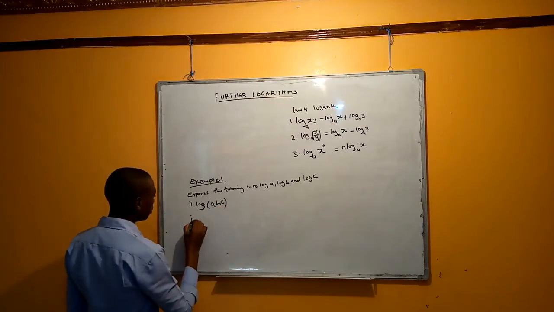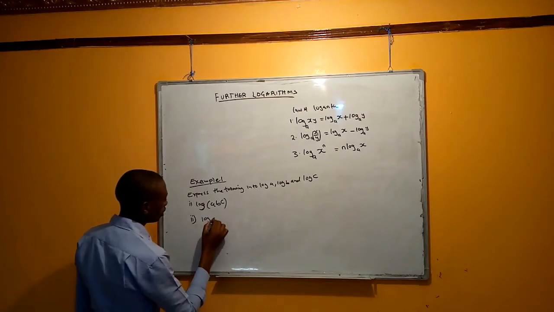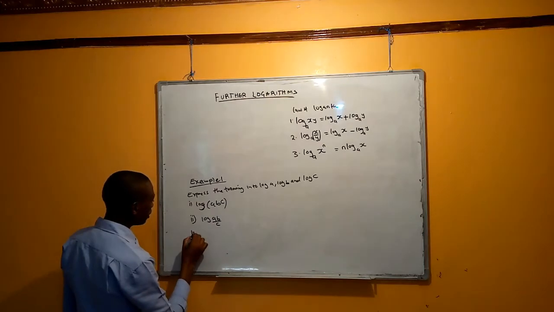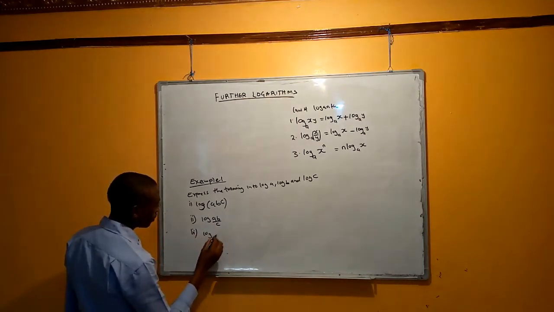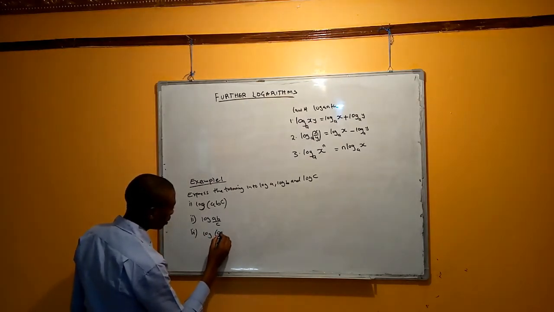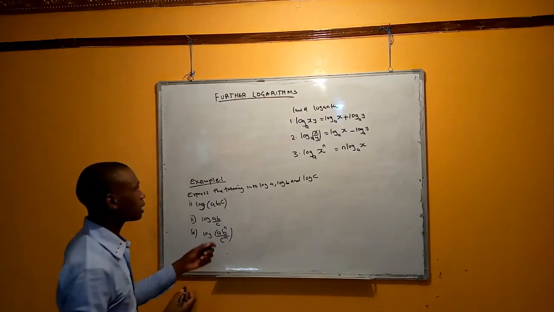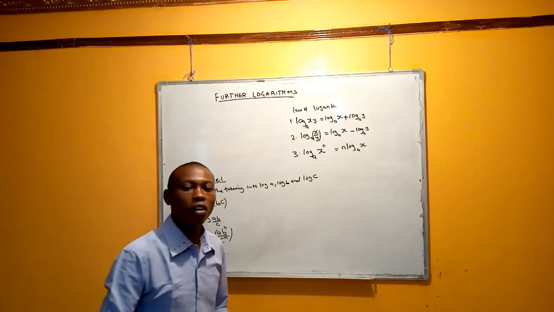Then Roman 2, we have log of AB over C. Then the third, Roman 3, we have log of A B to the power N divided by C to the power M. We are told to express all these into log A, log B, and log C.